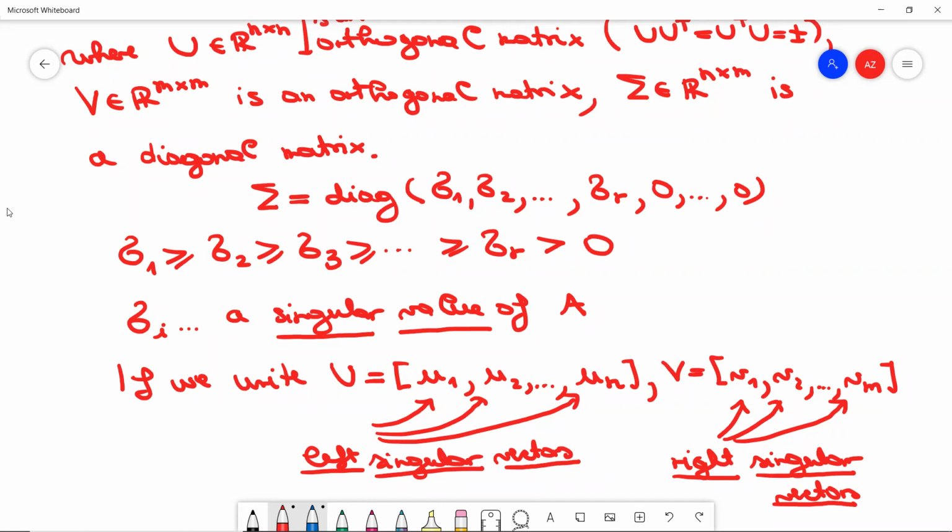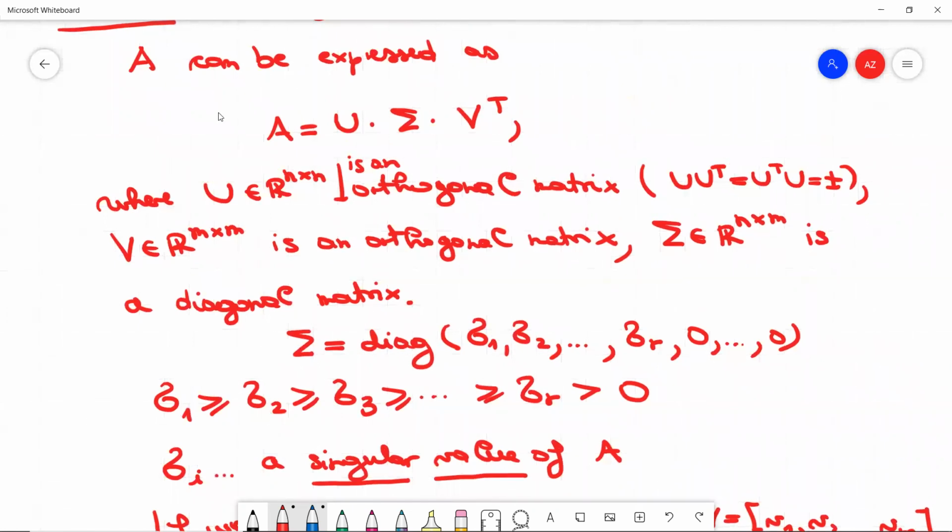Okay, so this is the singular value decomposition of A. So A can be expressed as the product of three matrices, U times sigma times V transpose. U and V are orthogonal matrices, and sigma is a diagonal matrix. And why would one do this? Because it's much easier to compute. So it's much easier to compute Ax in the following way, as U sigma V transpose x.